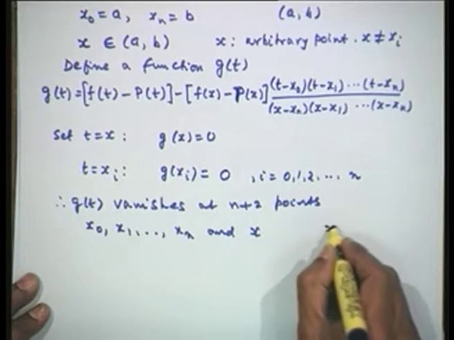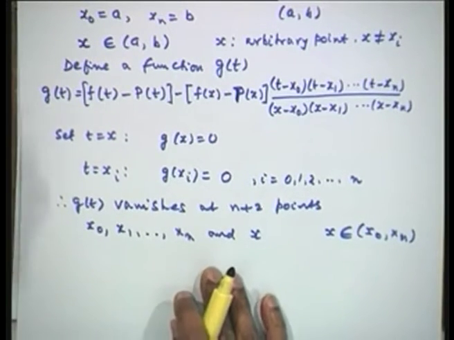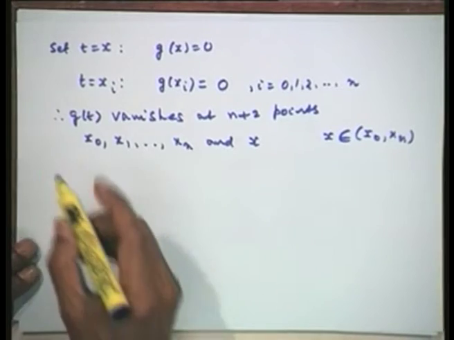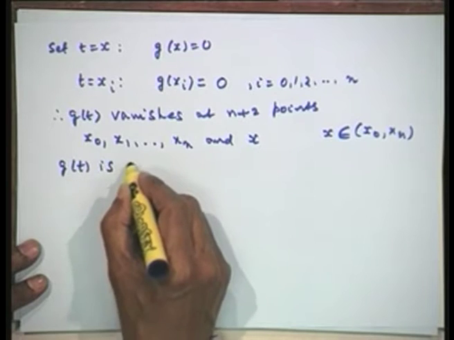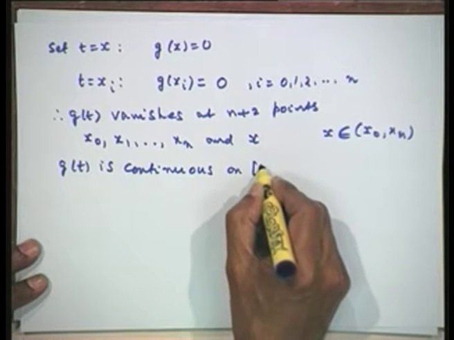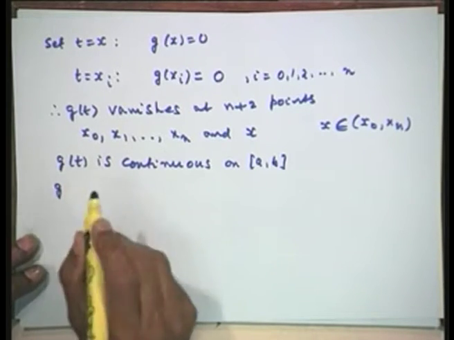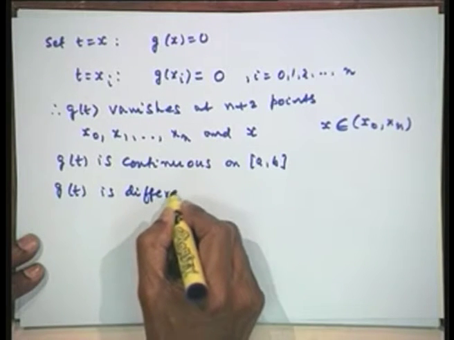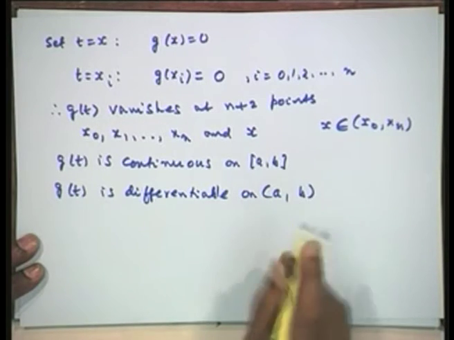And x, of course, is a point inside the interval x_0 to x_n, that is our interval [a, b]; x is an interior point. g(t) is continuous on [a, b], and differentiable, we assume, since differentiability is also required a number of times; g(t) is differentiable on the open interval (a, b).